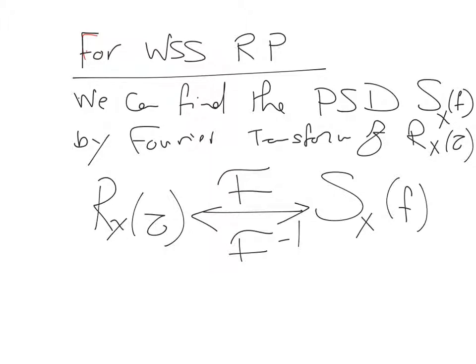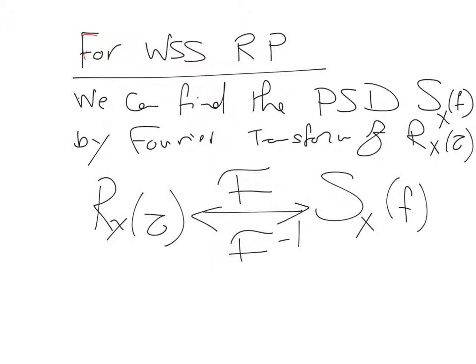If you use one and take the Fourier transform with respect to t, for example, you will still get Sx of f and tau. So it's going to be a Fourier transform which is a function of time. This is quite confusing. You cannot really say that this is a power spectral density. Power spectral density at which time? So this definition, as far as we are concerned, can only be done for wide-sense stationary random processes.